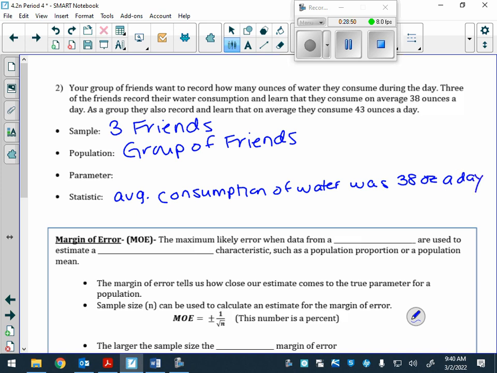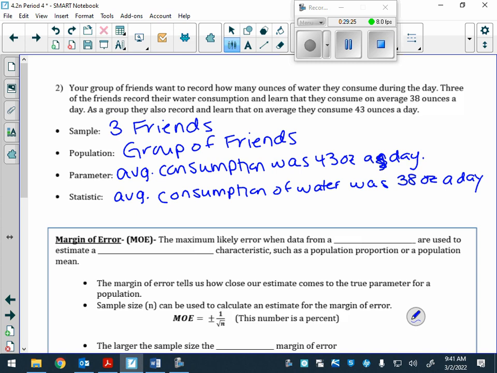Okay. What is the parameter? Go ahead, Ryder. Yep. Good. Okay. So, when you're talking about population and parameter, the number.